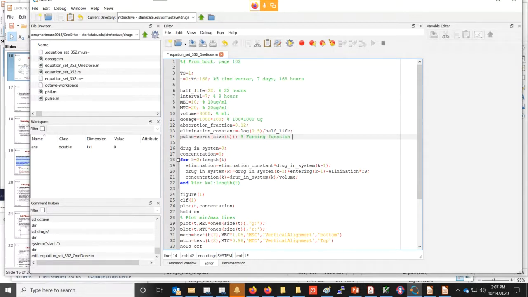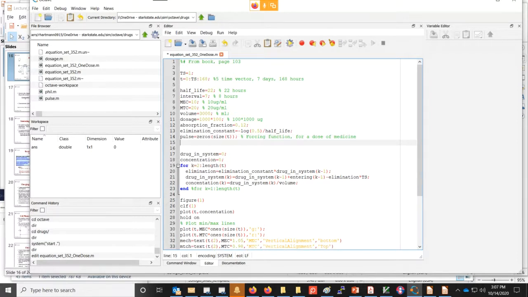This is for when I take a dose of medicine. It's an outside factor, where the drug is in the pill bottle.